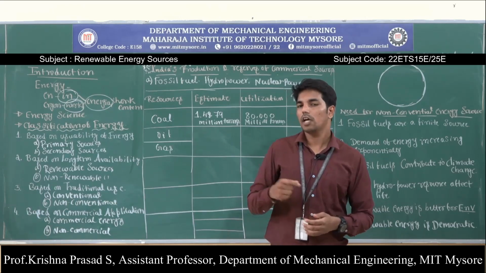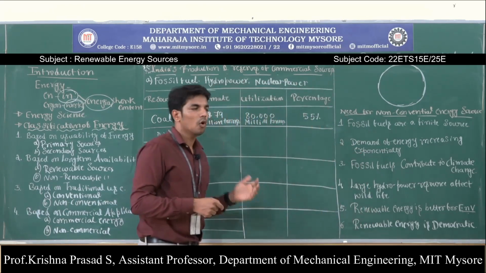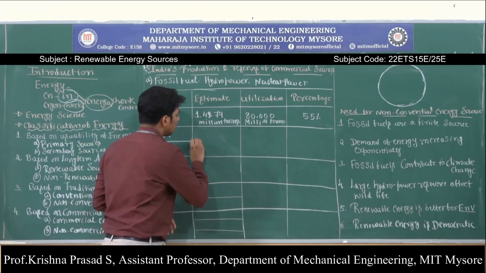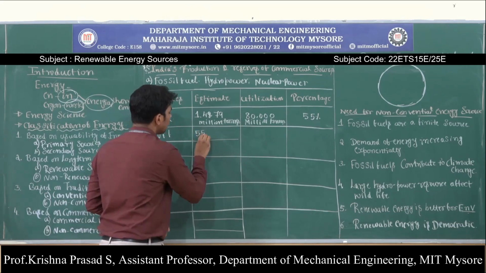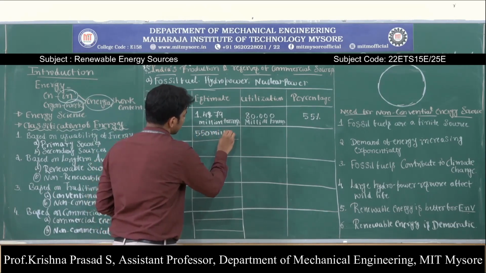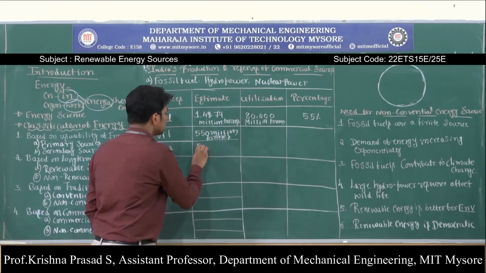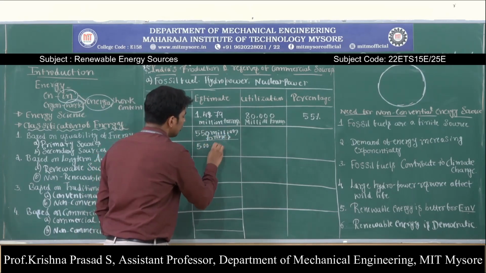Due to this, we can estimate how much oil and gas is available in India. For oil, we have 550 million tons of reserves. Similarly, for natural gas it is 500 cubic tons.